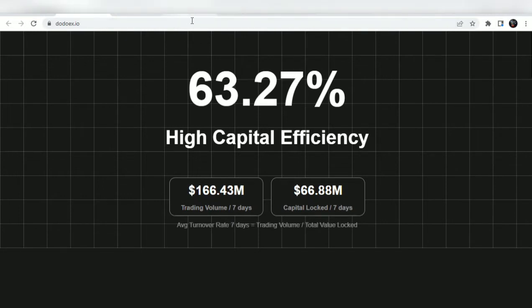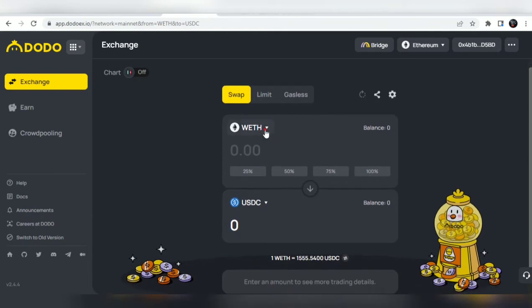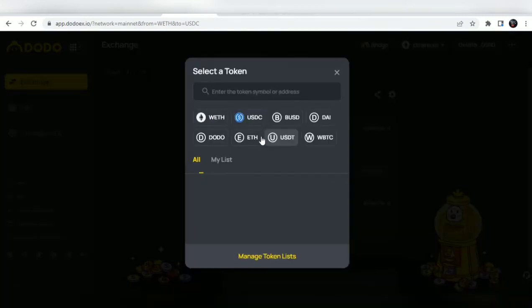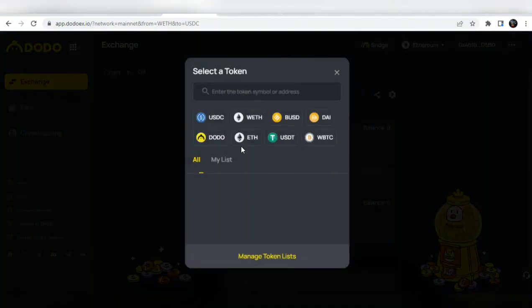First of all, this is the DODO exchange. You can swap your tokens here simply by selecting the token you wish to swap. Input an existing token, or you put in the contract address, and also output, simple swap.